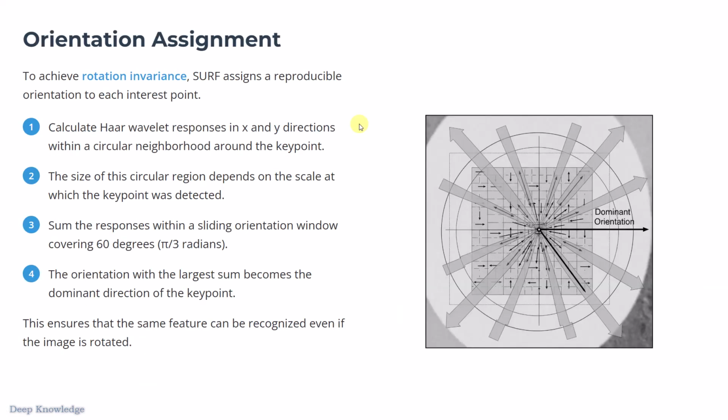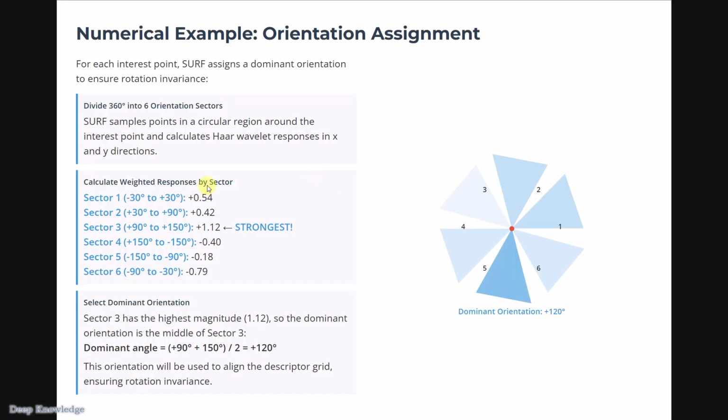Now after having the interesting point, we need to use orientation assignment. It's similar to SURF and also to edge detection, how to define the orientation. Here they divided this into six orientation sectors. What does that mean?